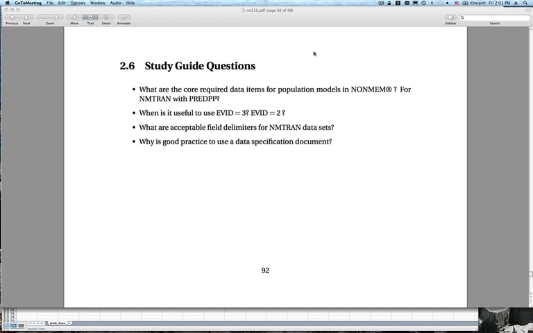For population models in NONMEM, the core requires only a few data items, if you recall. The NONMEM core requires ID because we have to be able to identify individuals and how they're grouped. It requires a dependent variable, which of course is the quantity to be modeled.